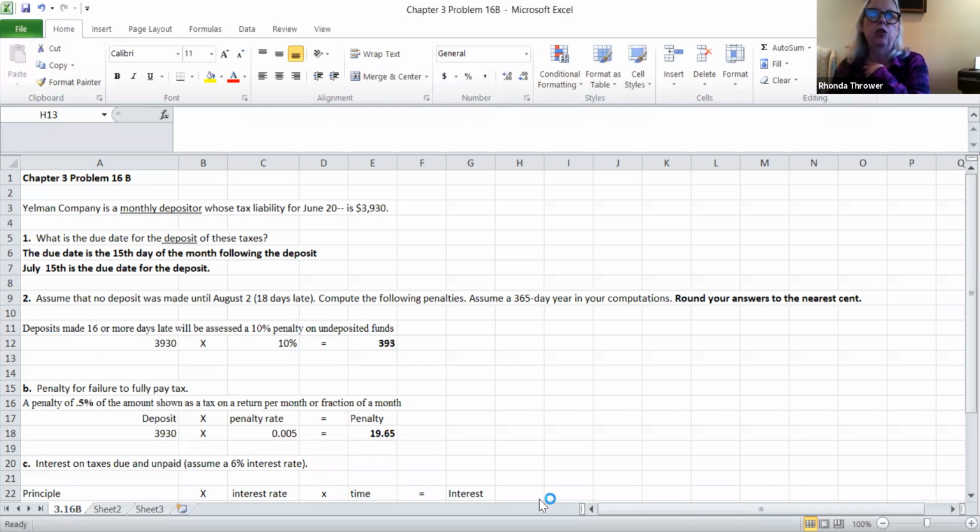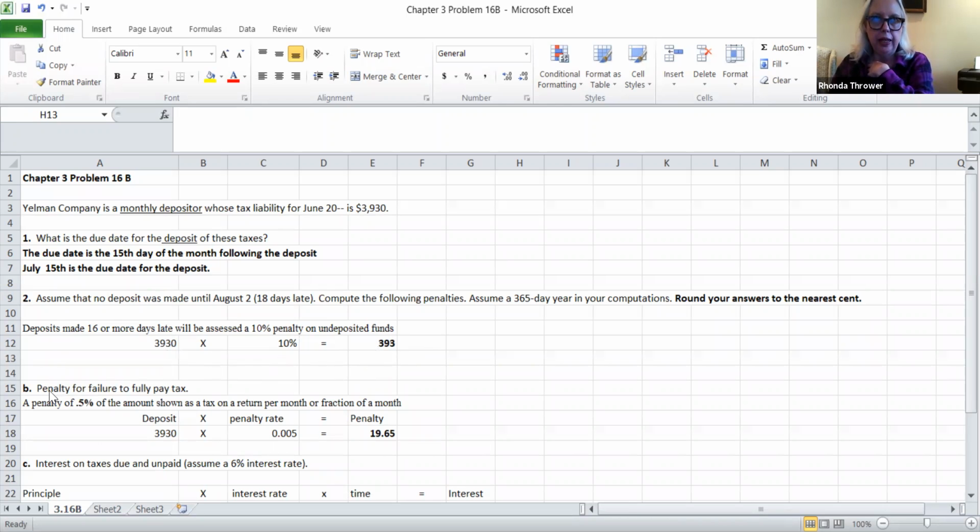And that's for the failure to make timely deposits. So we're going to take our $3,930, the amount of taxes that we should have paid on July the 15th. But since we were 18 days late, they're going to charge us a penalty of 10%. So we multiply $3,930 times 10%, and that will give you a penalty of $393 for it being more than 16 days late.